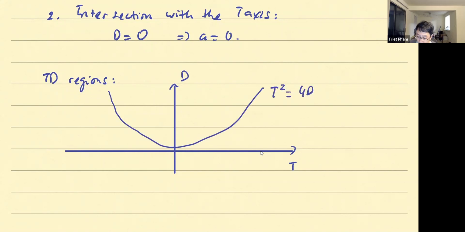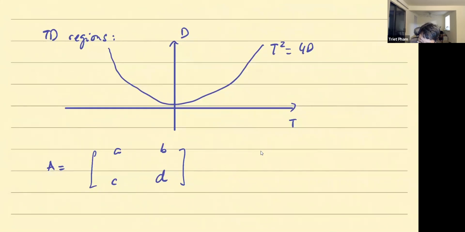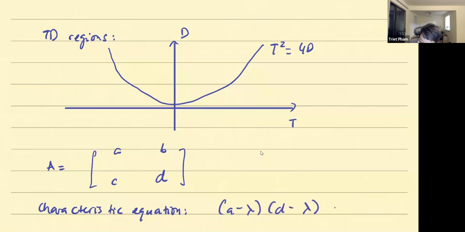So remember, where do we get this from? If we consider a general matrix A, which is A, B, C, D, and we look at the characteristic equation, which is (A minus lambda) times (D minus lambda) minus B times C equal to 0.